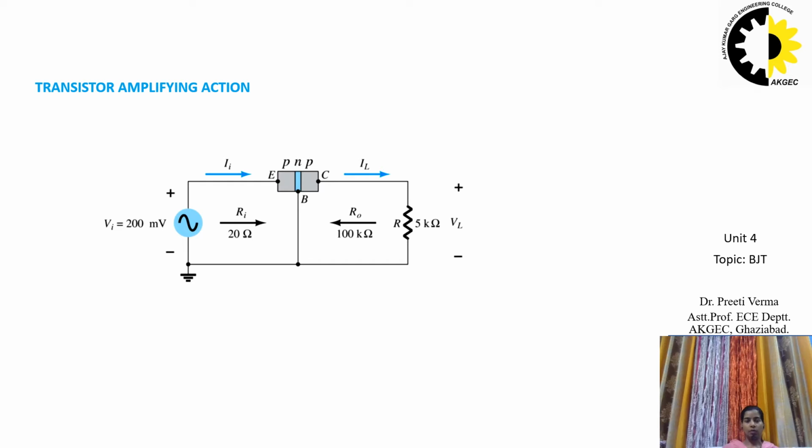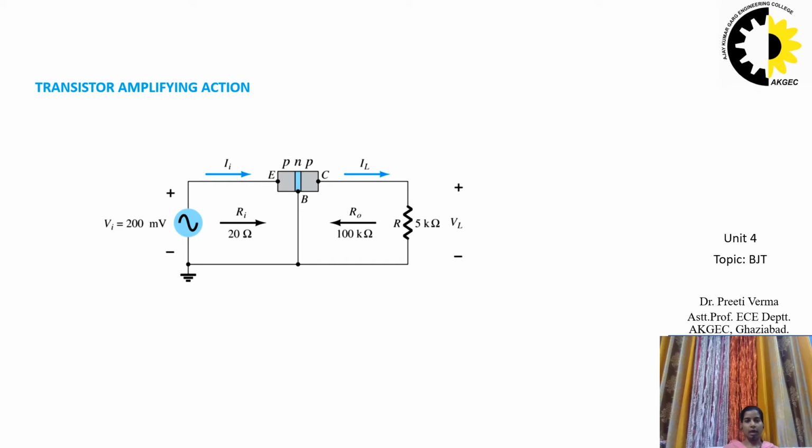It typically varies from 50 kilo ohm to 1 mega ohm, that is 100 kilo ohm for the transistor shown in the figure. The difference in resistance is due to the forward biased junction at the input side, the base to emitter junction, and the reverse biased junction at the output side, that is the base to collector region.